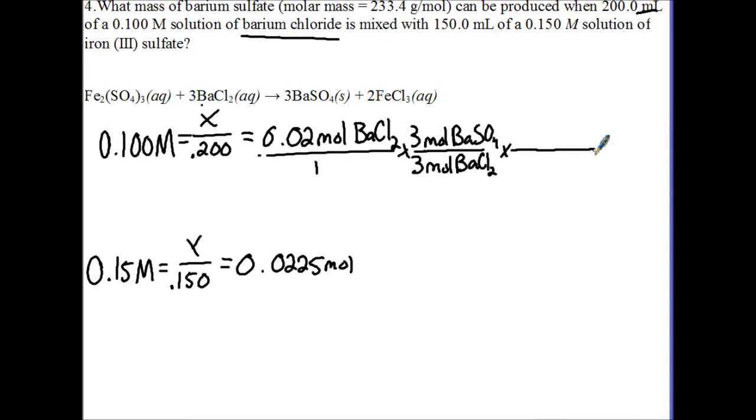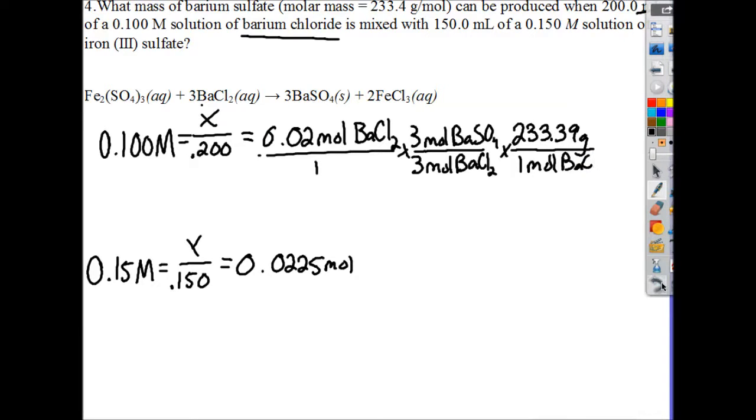So barium has a mass of 137.328 plus sulfur, which is 32.066, and 4 oxygens, giving us 233.39 grams per mole. Whoops, not BaCl2, BaSO4.